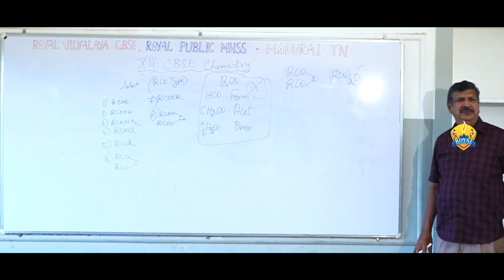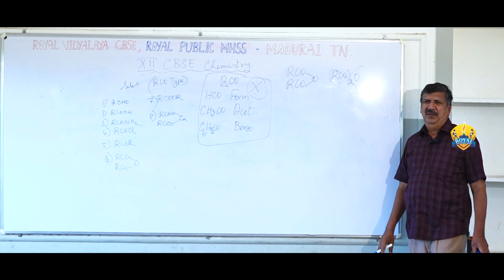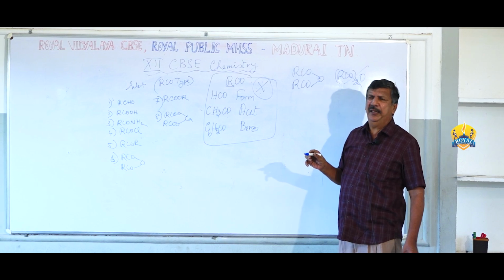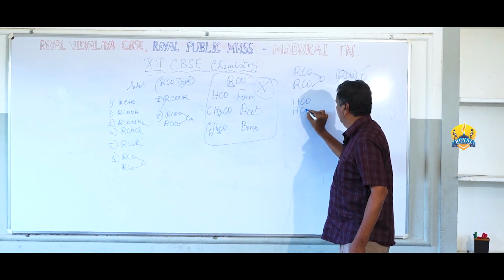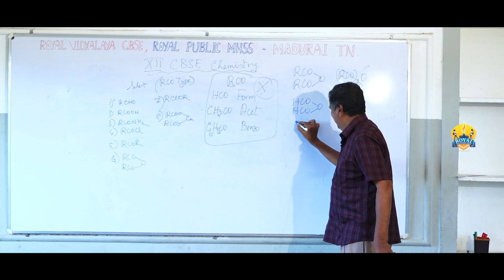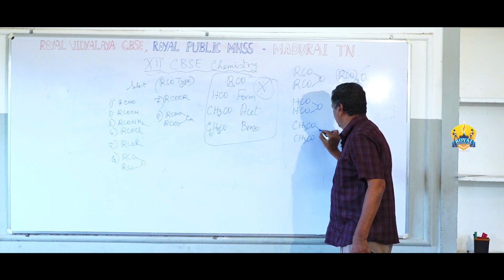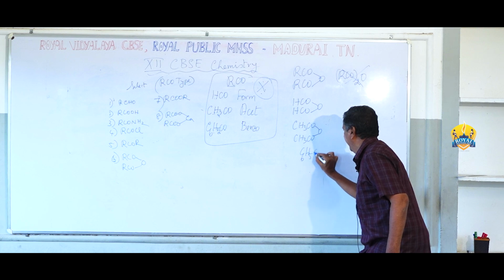Of course, you can write it, but it is complicated. What are the anhydrides possible? Formic anhydride, acetic anhydride, benzoic anhydride.